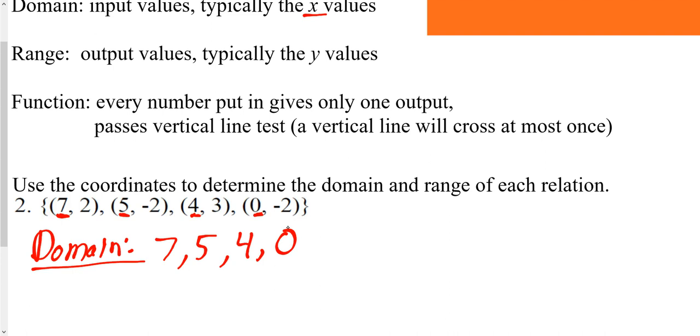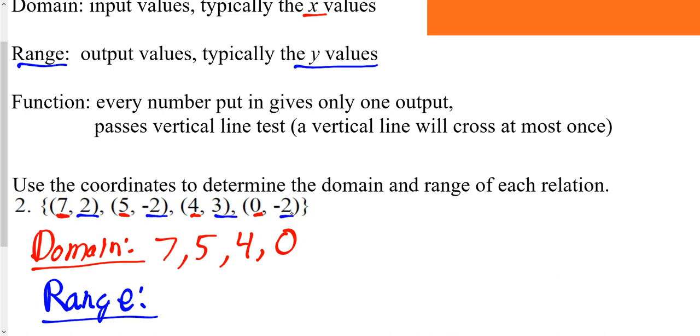Can you put them from smallest to largest? Yes, but you don't need to. And then your range, now, your range up here is your y values. So you just have to write down your y values. So that's what we have.